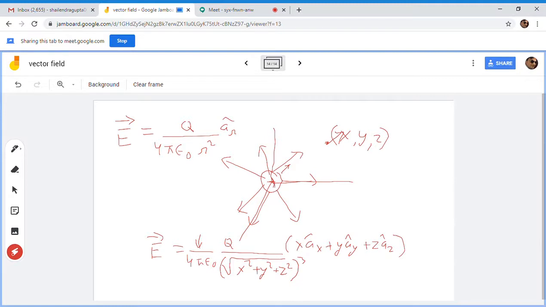So this is the beauty of the coordinate system. You can convert your variables. In the XYZ coordinate system, you need 3 variables, x, y, and z. But in the spherical coordinate system, you need just 1 variable, r.